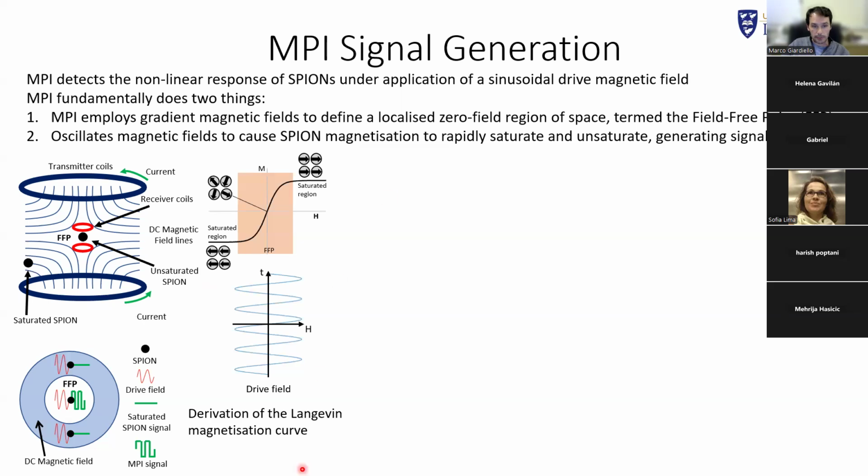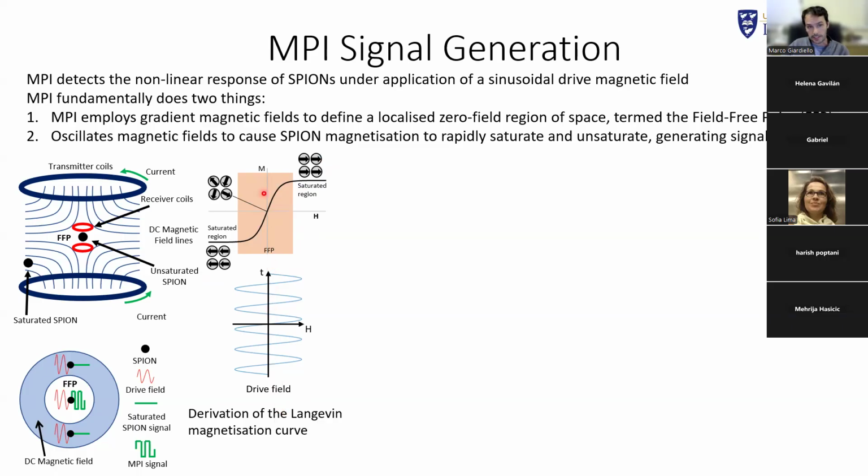To go into that a little bit more, essentially the MPI signal is a derivation of the Langevin magnetization curve. As your oscillating field goes back and forward, and just to quickly add, there have been other webinars where this has gone into much more detail, so if you watch the other ones, they'll explain this in more detail. Basically, you're flipping your magnetic particle backwards and forwards in line with that drive field.